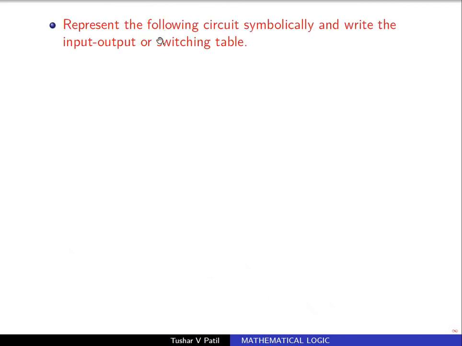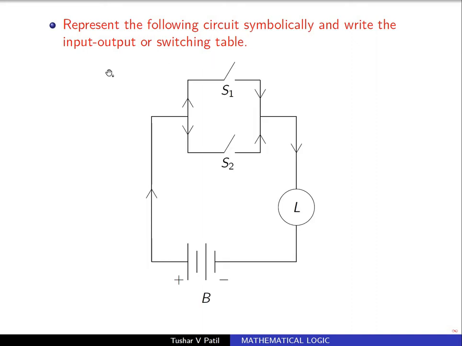Example. Represent the following circuit symbolically and write the input-output or switching table. Here note that it is the special type of switches S1 and S2 that are parallel.